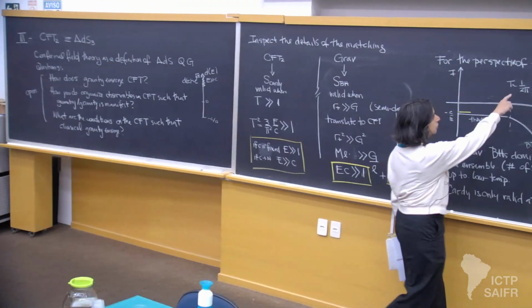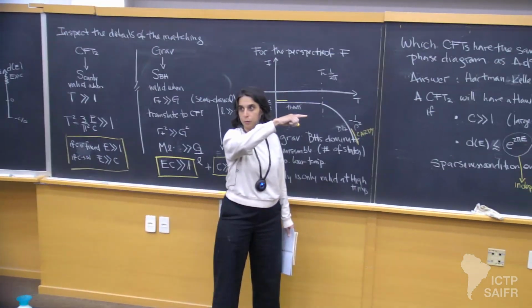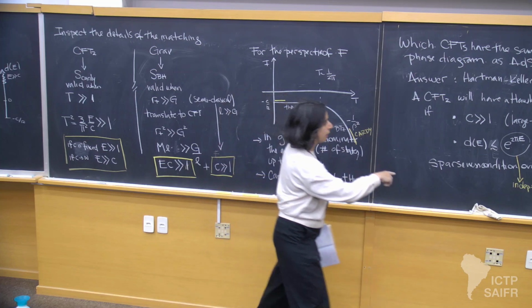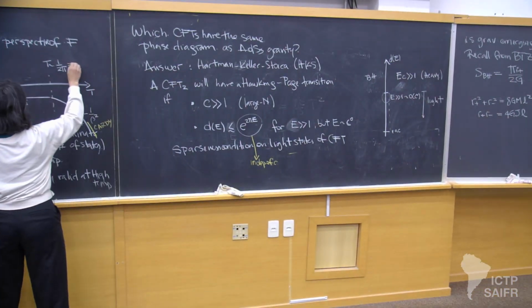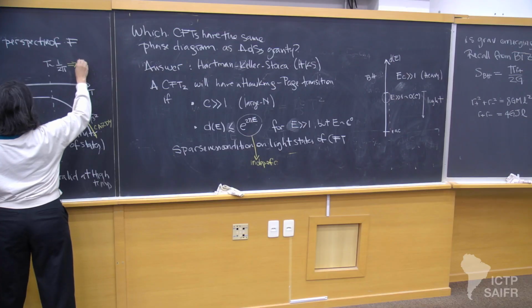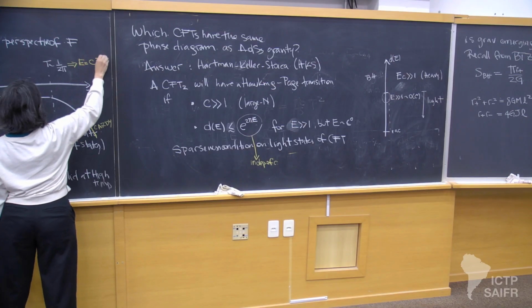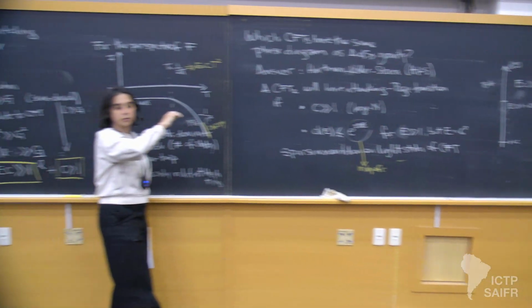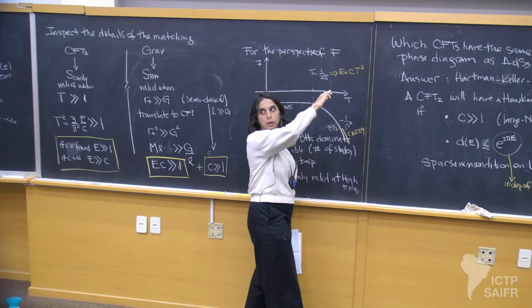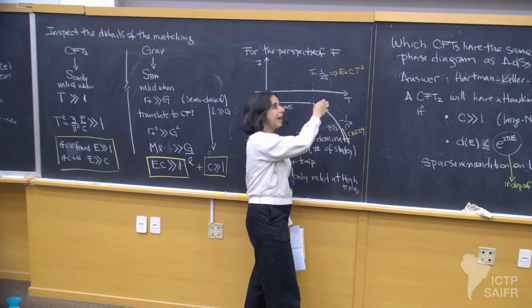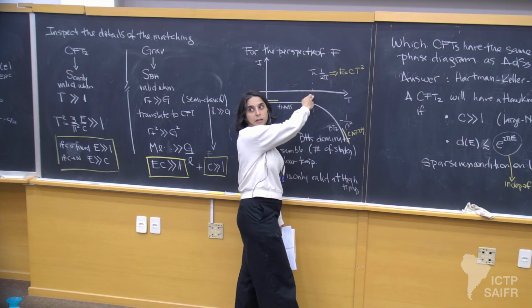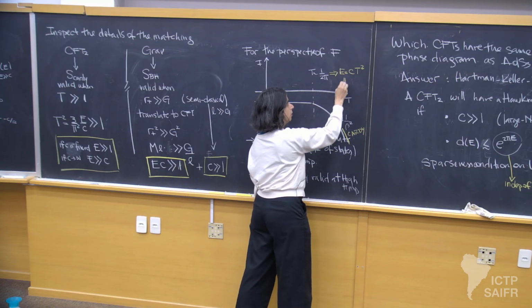When the temperature is of order 1 over 2π, remember that the energy, oh, I erased the formula, but recall that the energy was C times T squared with some numerical prefactors. So if the temperature is of order 1, then the energy is of order C. So black holes already start dominating when the energy is of order C.